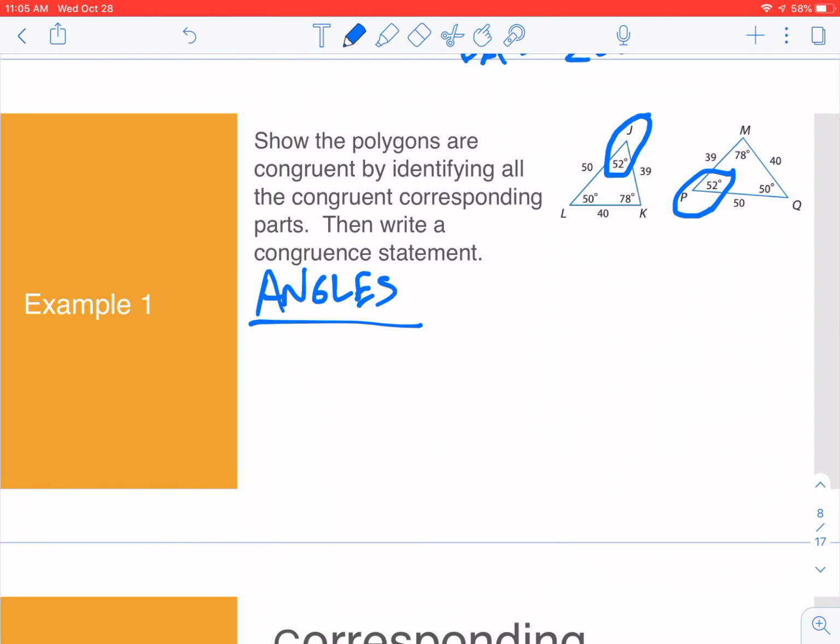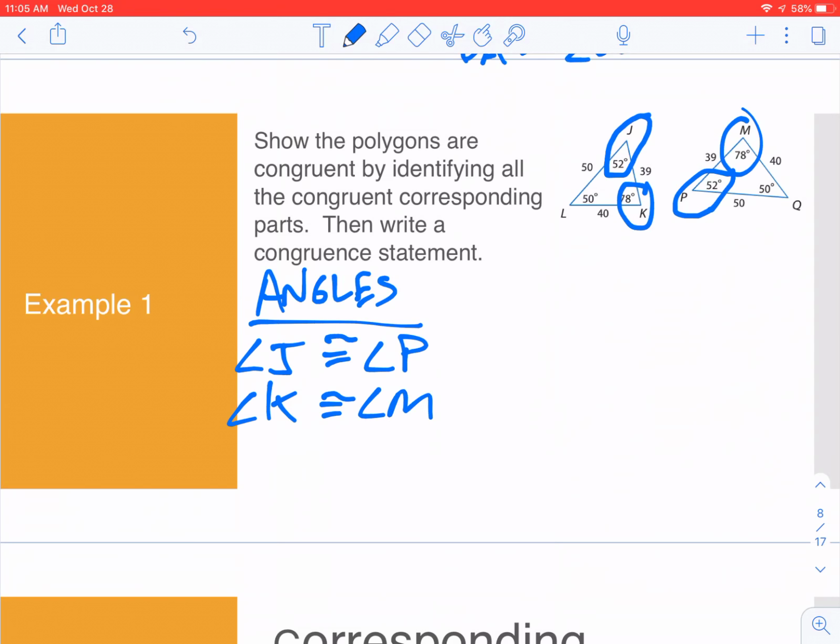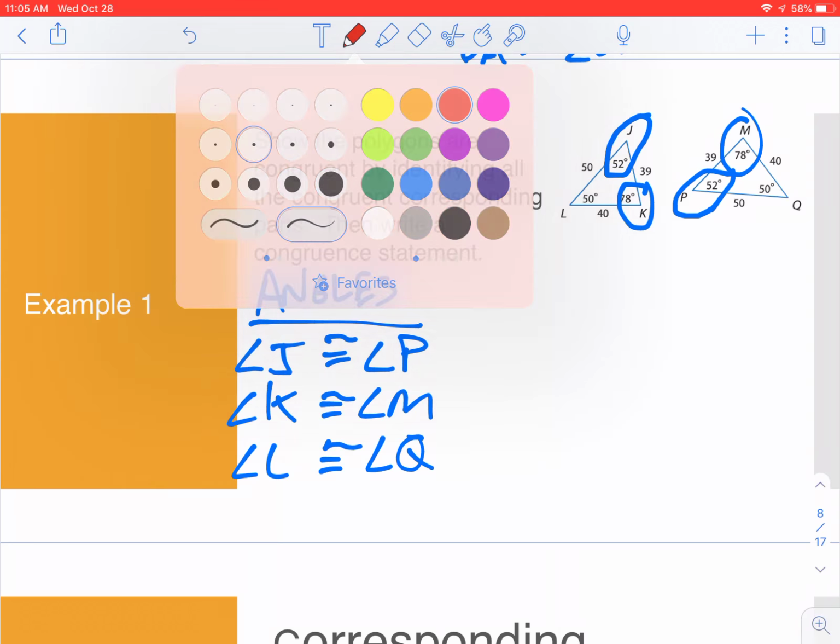It's P. So angle J is congruent to angle P. Alright, 78, K. 78, M. So angle K is congruent to angle M, which leaves us with angle L is congruent to angle Q. Now we're going to do sides.